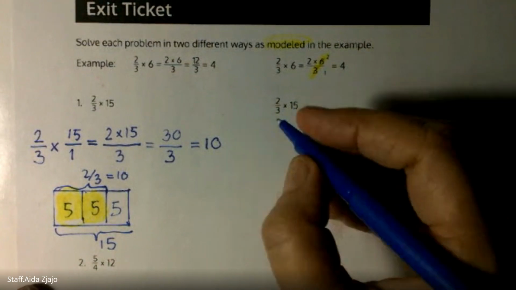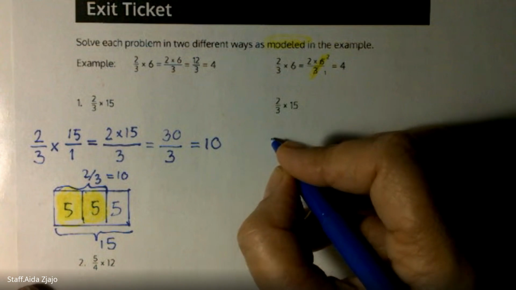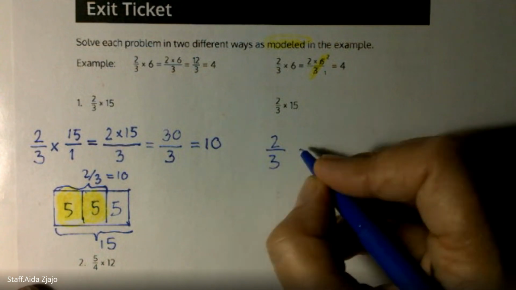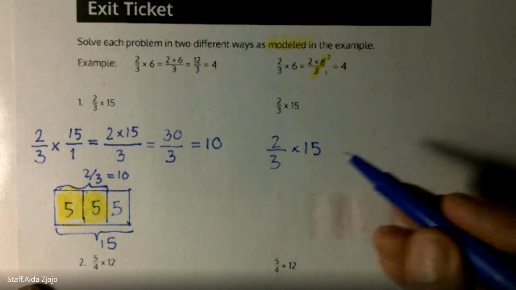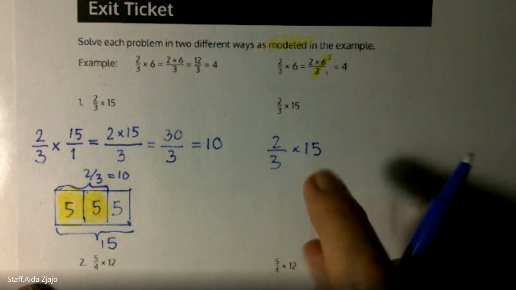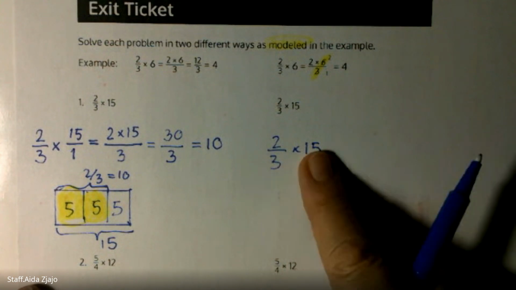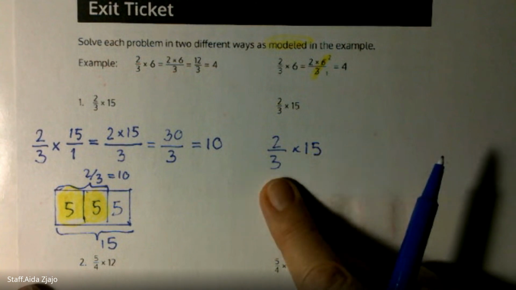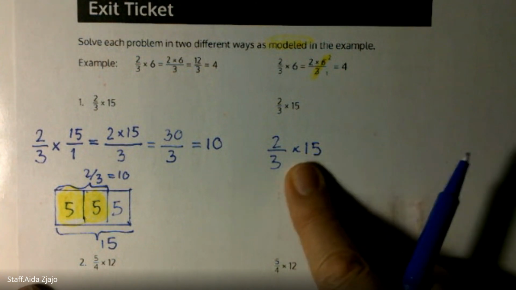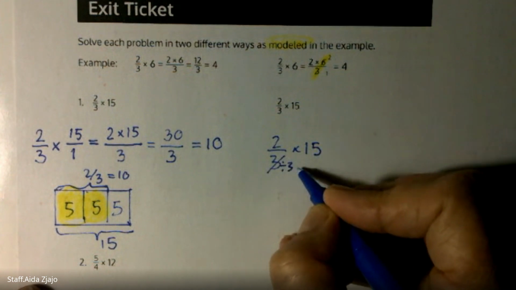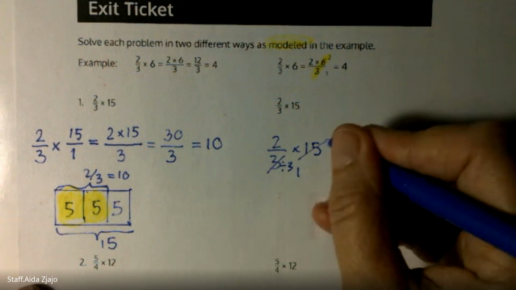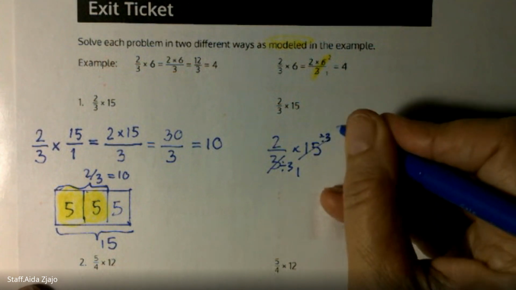Okay. Let's see how we can do this mathematically with simplification. So if we do 2/3 times 15, we can do it right away here. We can see a relationship between 3 and 15. We can divide both by the same number: 3 divided by 3 equals 1 and 15 divided by 3 equals 5.